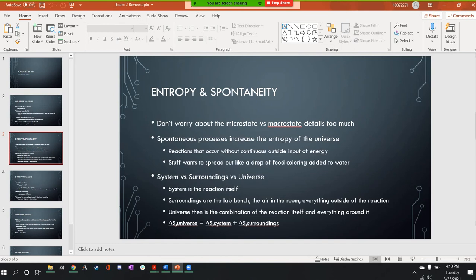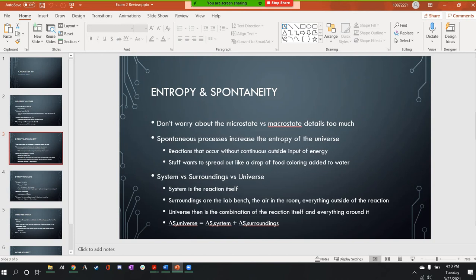All right. First, I'll talk about some definitions and explain some of this most recent chapter, which is all about entropy, whether reactions are spontaneous or not, and ultimately Gibbs free energy, which puts it all together.